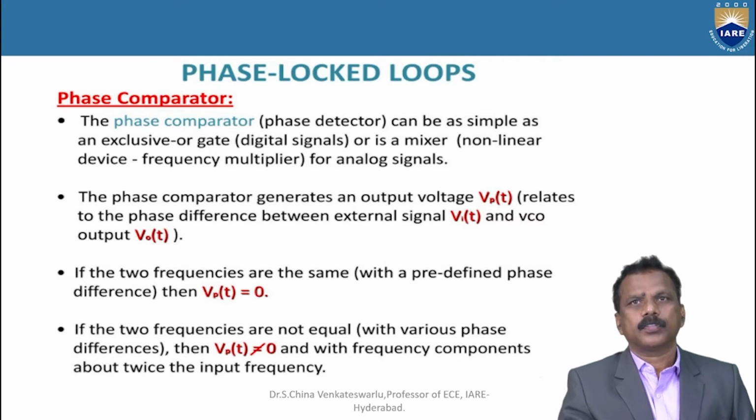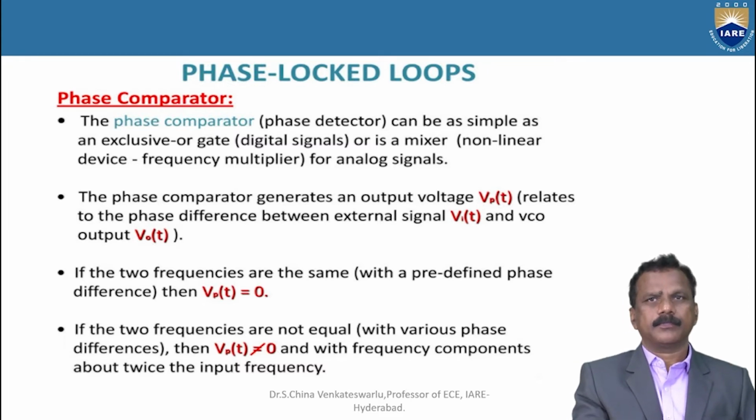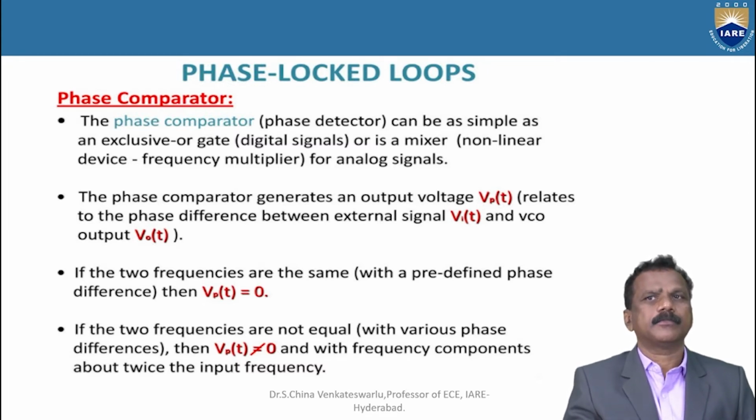Now the phase comparator, or we can consider it the phase detector, can be as simple as an exclusive OR gate for digital signals, or a mixer, a non-linear device or frequency multiplier, for analog signals.